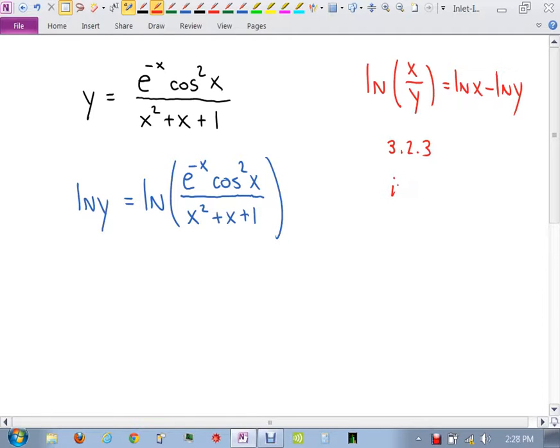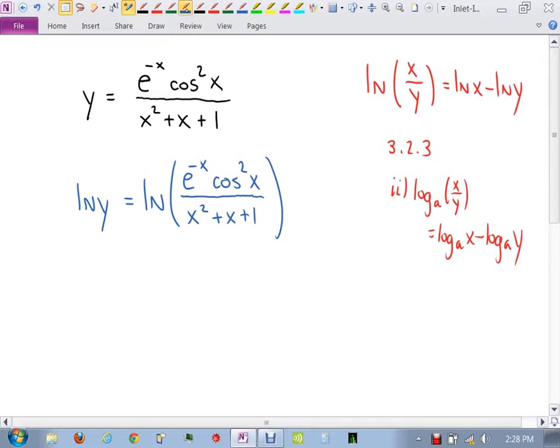Property 2 says log base a of x over y equals log base a of x minus log base a of y. So it says anytime you have a log and you have a fraction, you're allowed to take it and split it into two logs with subtraction between them. Again, this is a college algebra topic. So can't I treat this whole numerator like x and the whole denominator like y and split it into two logs using that property?